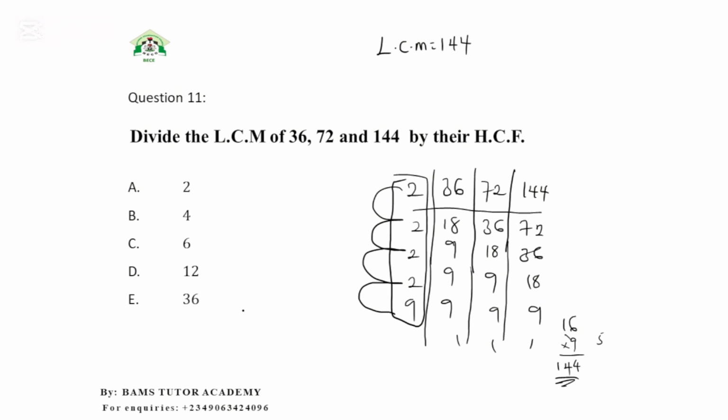So 36 is basically 1 times 36. Now from the LCM we can even see the cheat, that we can express 72 as 2 times 36, right?